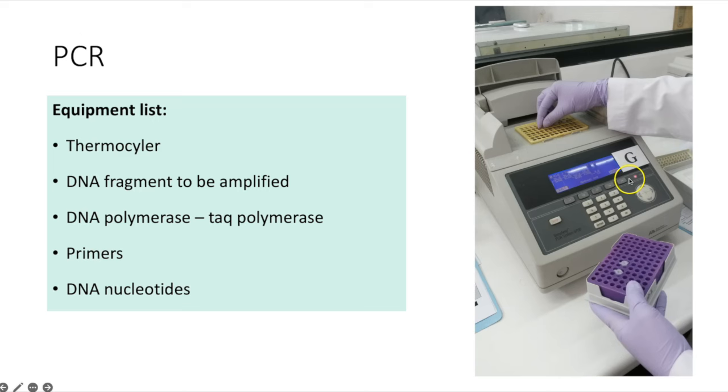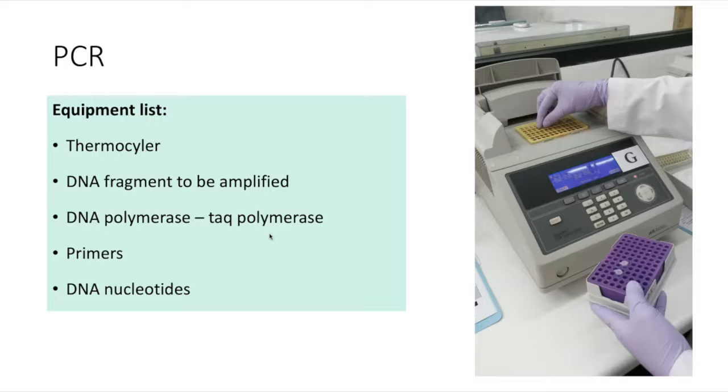In this PCR machine, you need a thermocycler, which is the machine, the DNA fragment that you want to make lots of copies of, and the enzyme DNA polymerase, a special version of that, Taq polymerase. This Taq polymerase is taken from bacteria that are found in hot springs, so they're naturally adapted to survive at incredibly high temperatures.